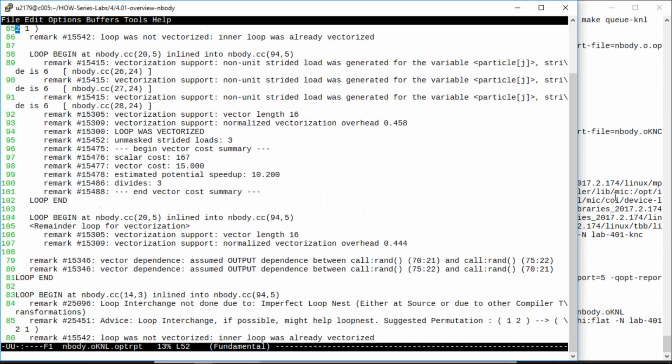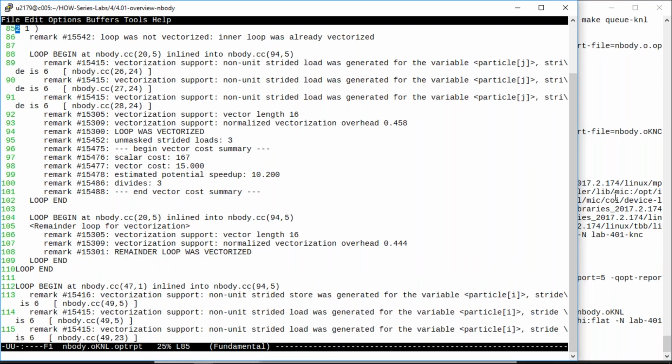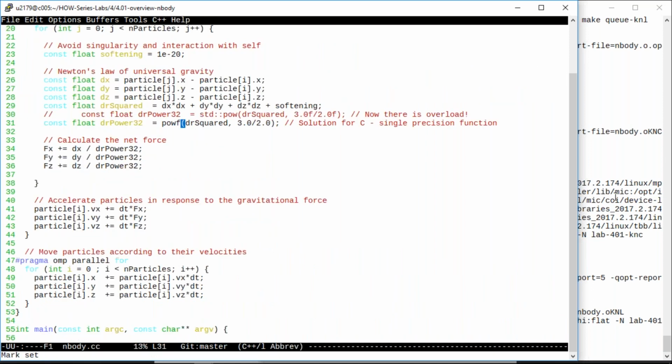So our fix was in fact, yes, no type converts. Our fix was in fact this single letter. Just adding the letter F would make the code faster.